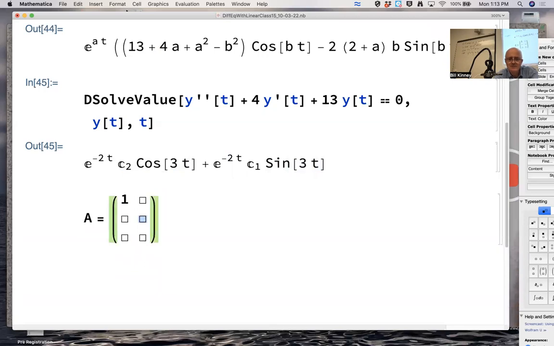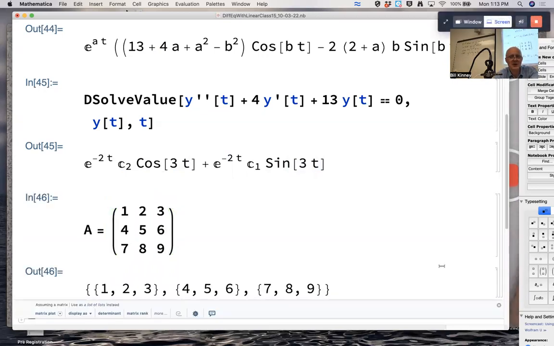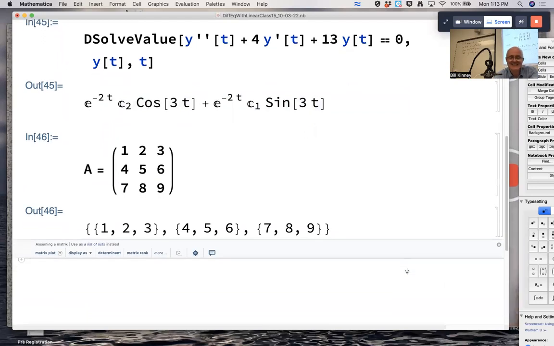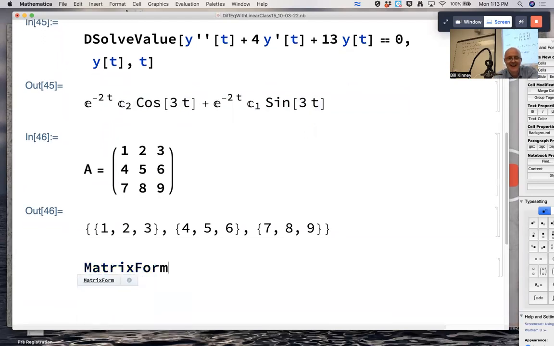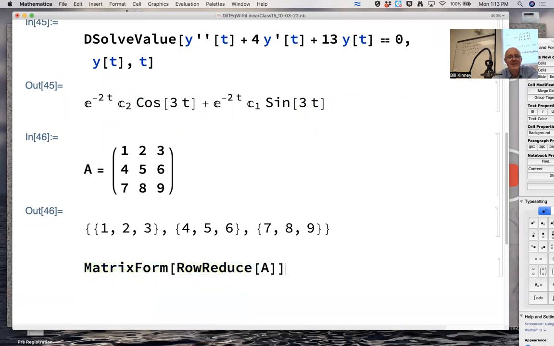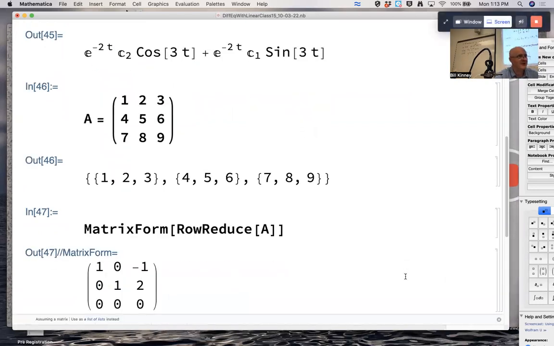So not a very creative example, but it does turn out by chance. I never knew this until I actually just tried it one day, that when you row reduce it, you get a row of zeros. That doesn't typically happen with a 3x3 matrix when you row reduce it.